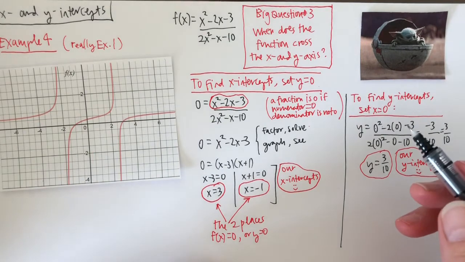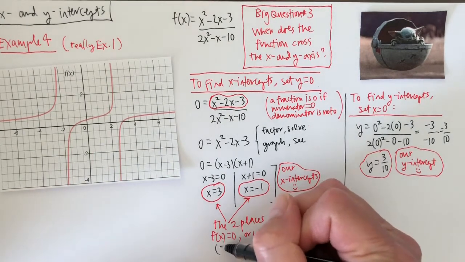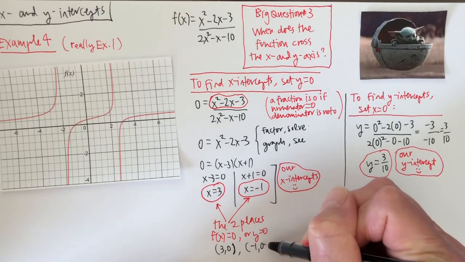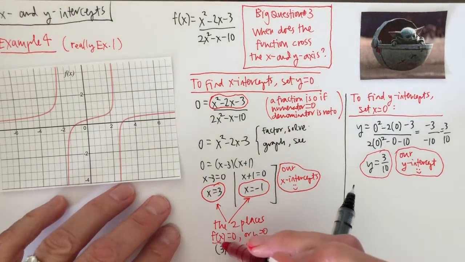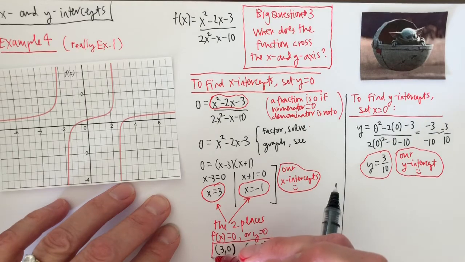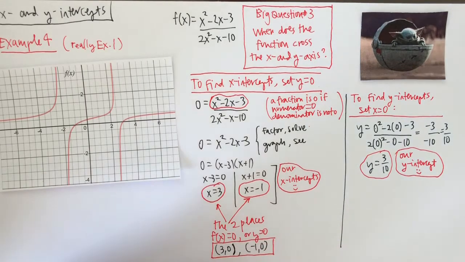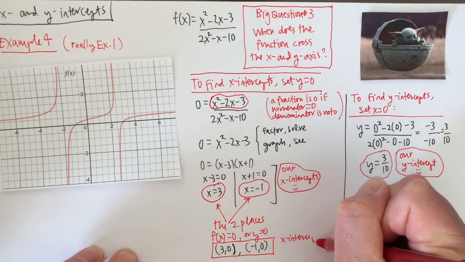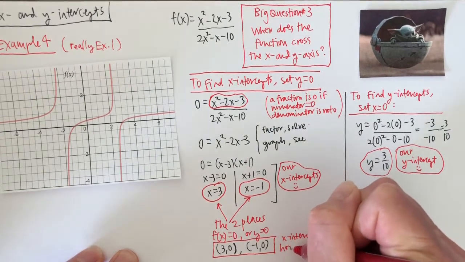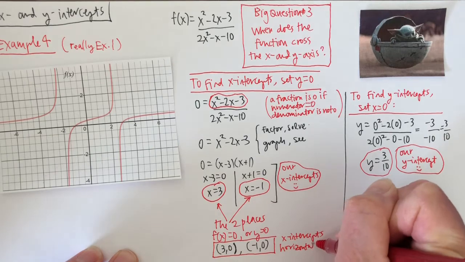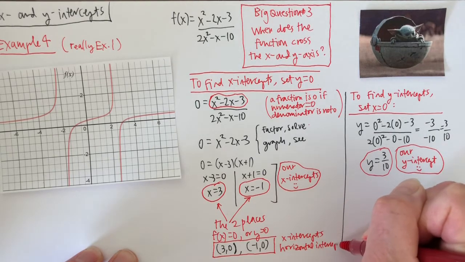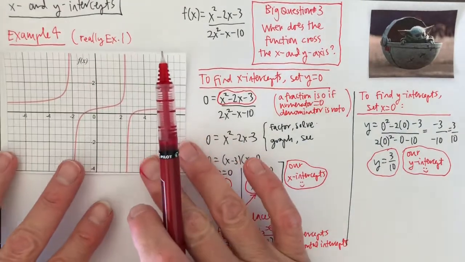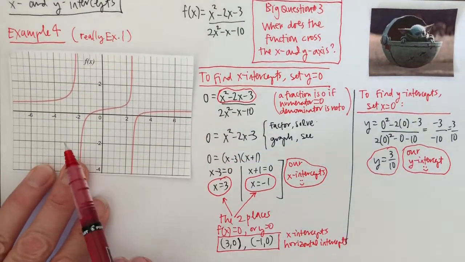So (3, 0) and (-1, 0). For this rational function, these are our x-intercepts, sometimes called horizontal intercepts. And the graph shows that that looks pretty reasonable.